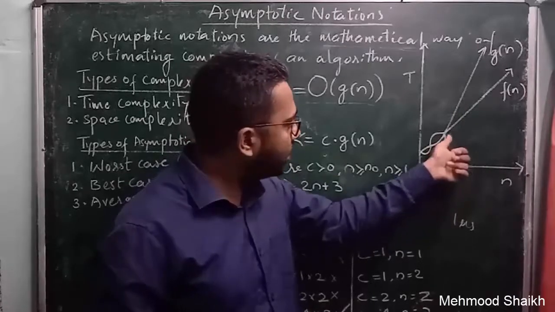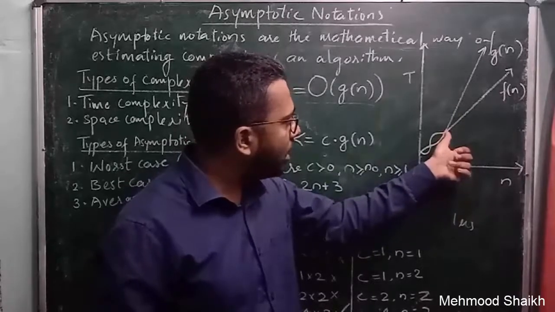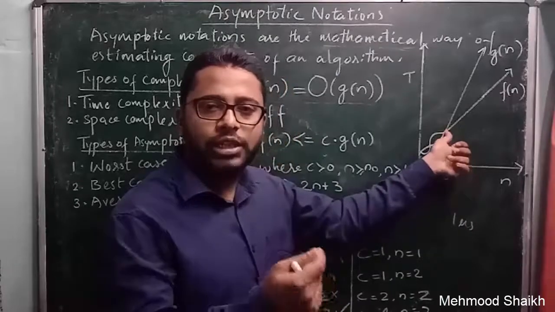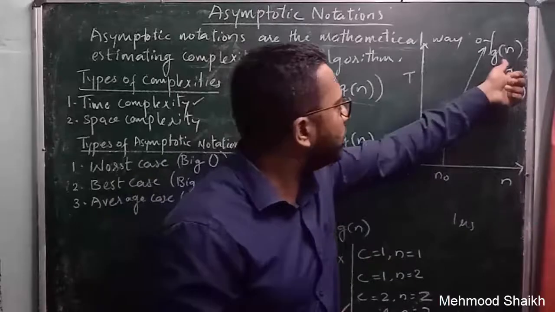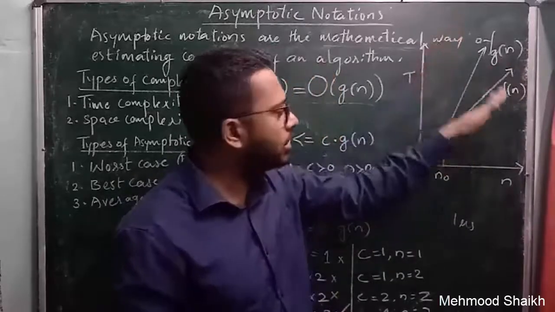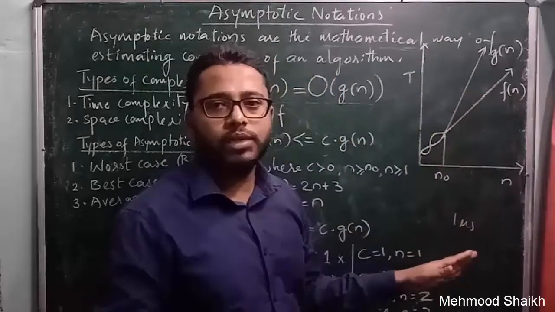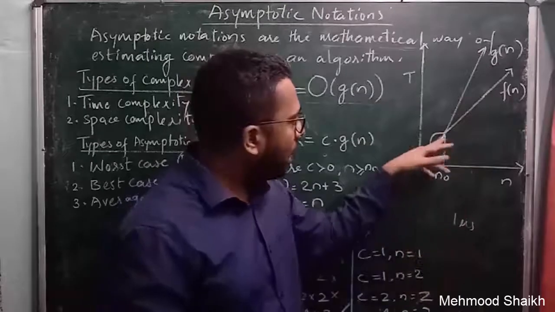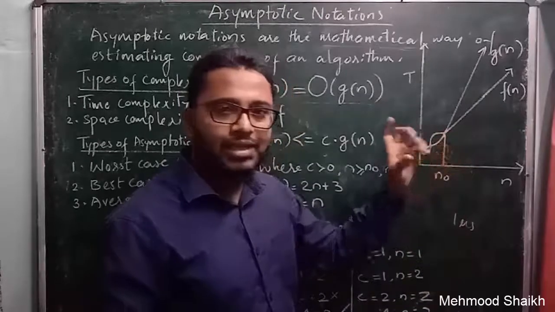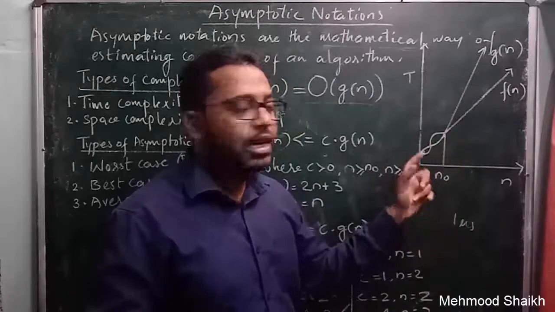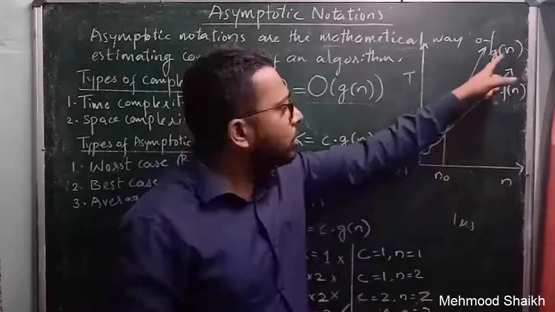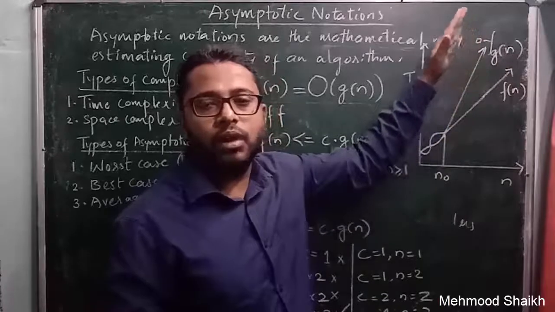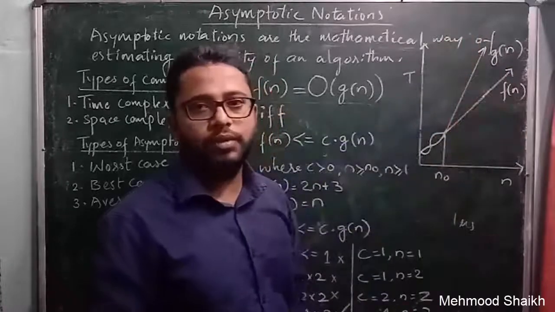Once it reaches this particular point, after that, for each and every input, the value of g of n will always be higher than the value of f of n. That means after this point we can see this behavior of worst case: whatever input you provide, g of n will always be higher than the function f of n.